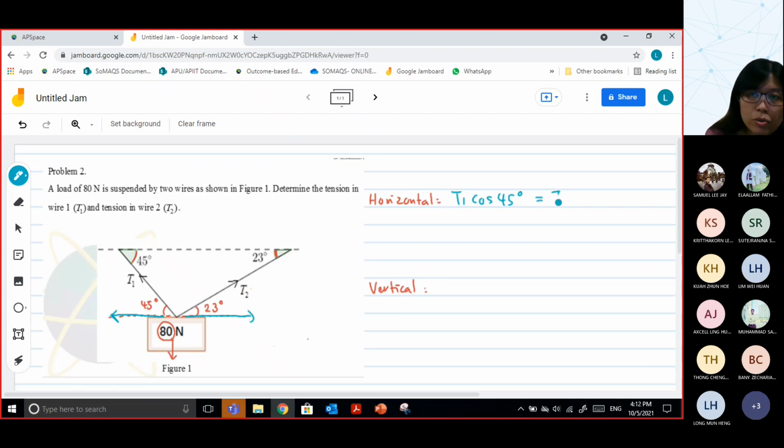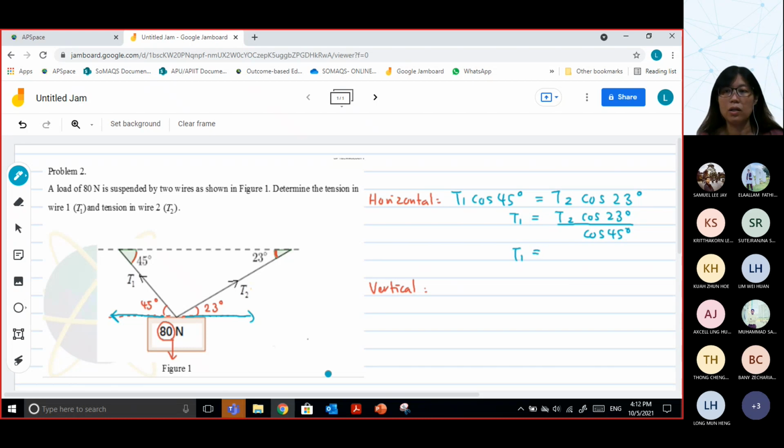Then it equals T2 cos 23. Then from here, I can get T1 as T2 cos 23 divided by cos 45. And then we calculate cos 23 divided by cos 45.